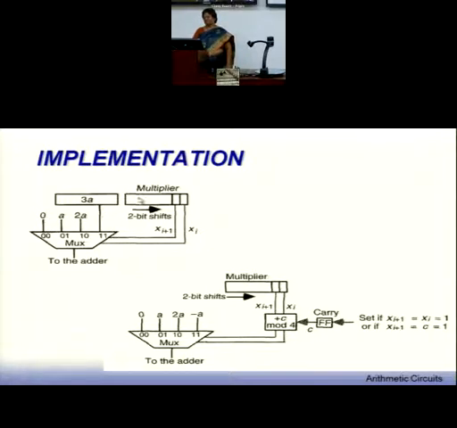And then you have a multiplier which will be shifting, and you will be getting the bits xi and xi plus 1. Accordingly, you choose from here. This will go to an addition unit, PP unit. Depending on the multiplier combination, control lines will select one of these 4, and then it would be added.